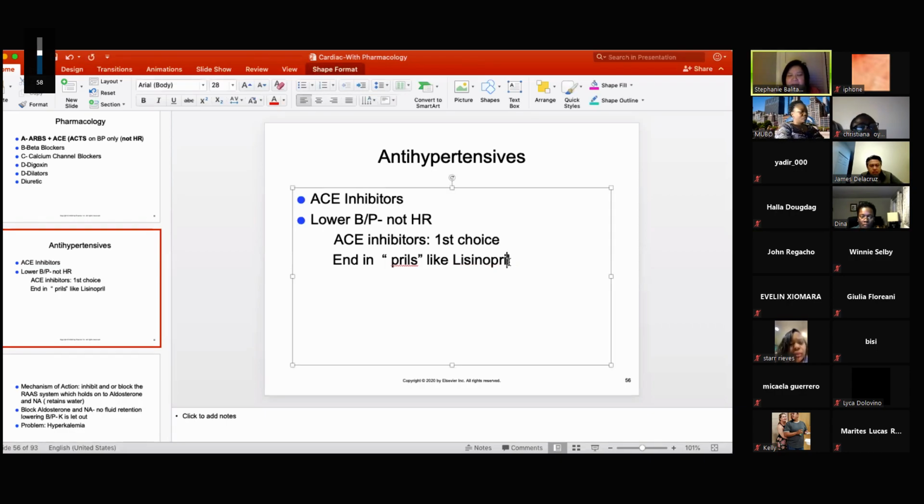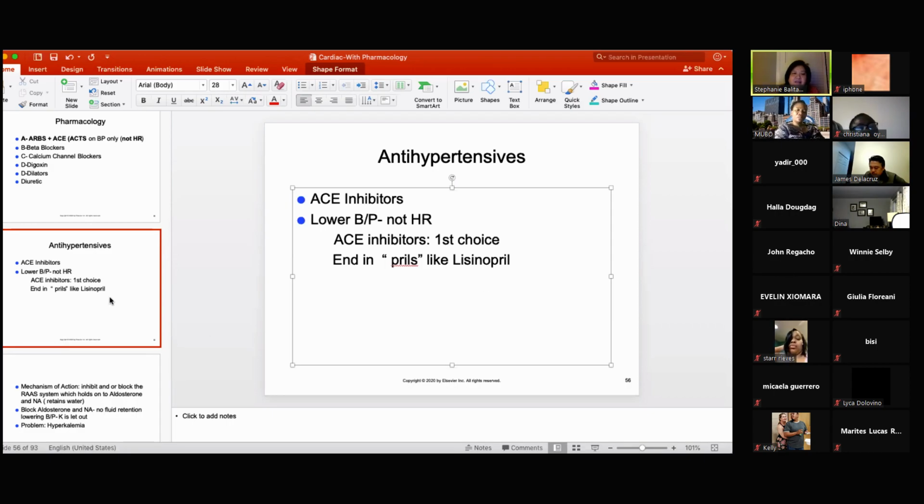See when I type? So your ACE inhibitors are mostly those that end in prils. Prils, okay? Lisinopril. So ACE inhibitors lower the blood pressure, but not the heart rate. So they end in prils, like lisinopril.